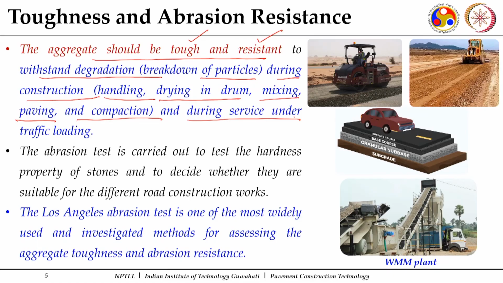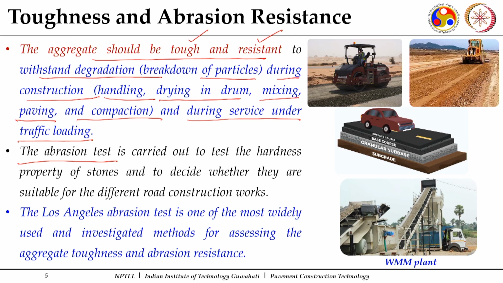Thereafter, once construction is done, the traffic loading will come over it. So again, it should be suitable enough to bear the abrasion or the wear and tear caused by the movement of traffic. So, one is the measurement of abrasion resistance. Abrasion normally comes when one aggregate is abraded with respect to another aggregate.